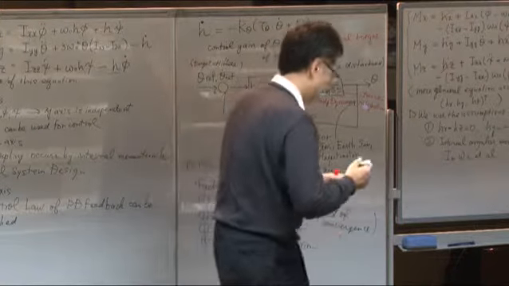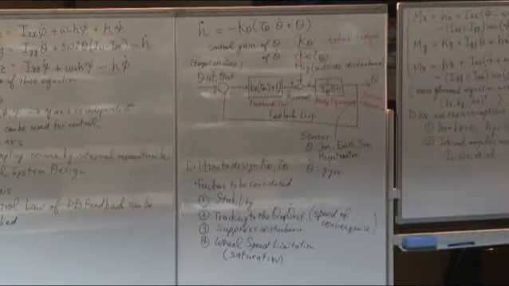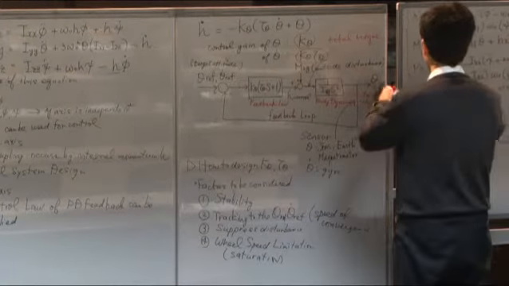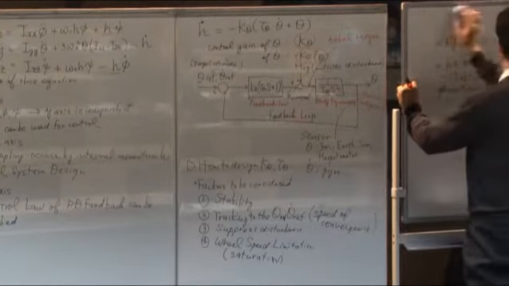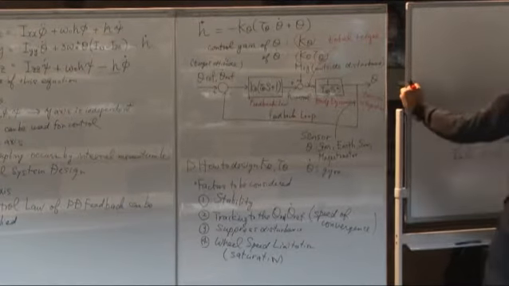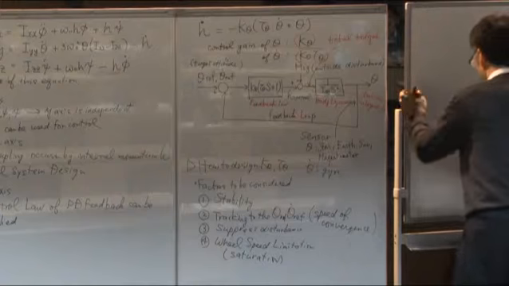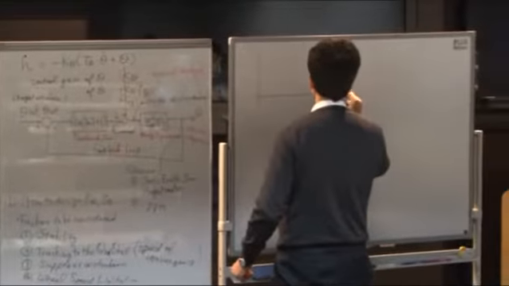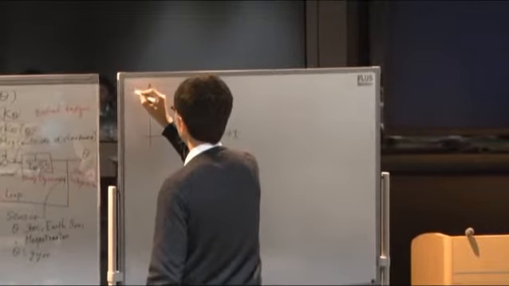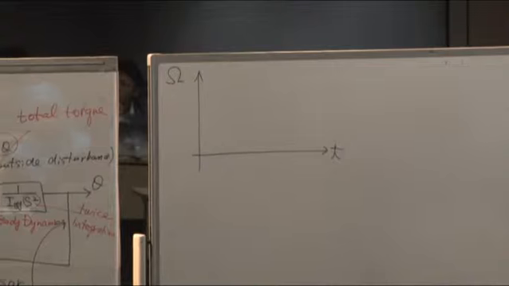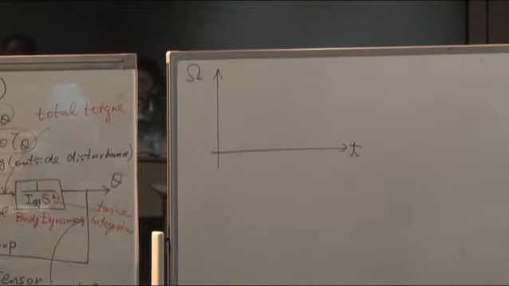Saturation. Okay, so if you continually apply this kind of control law, as I said, then the wheel speed may be very large. So this is time, and this is the wheel speed of the internal momentum wheel.